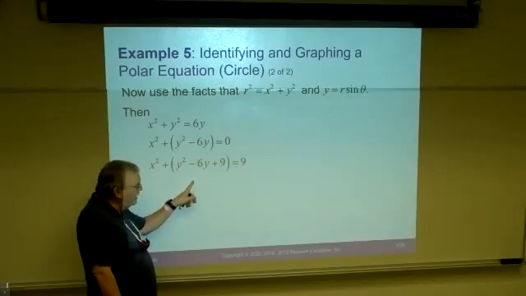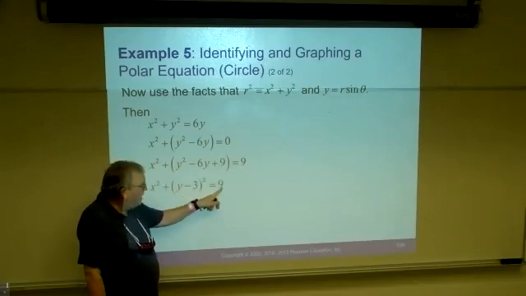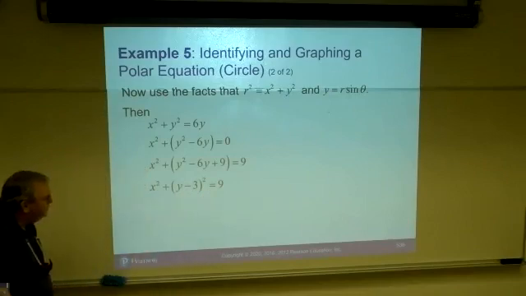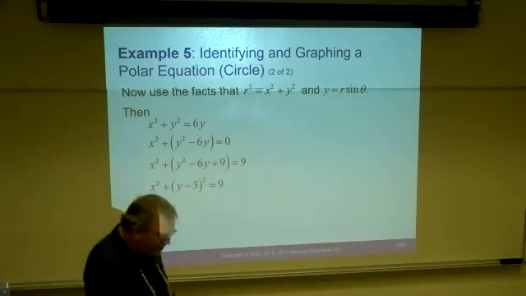So it's going to be y minus 3 squared. So 9 is the radius squared. So now we're going to have a circle with a radius of 3, where its center is 3 units above the pole.